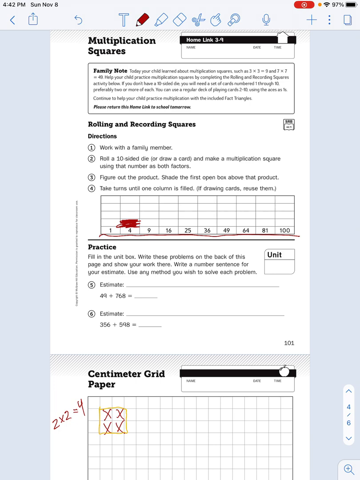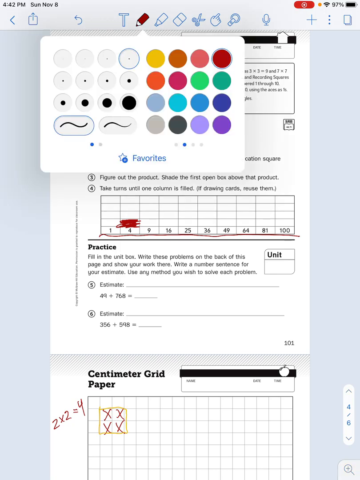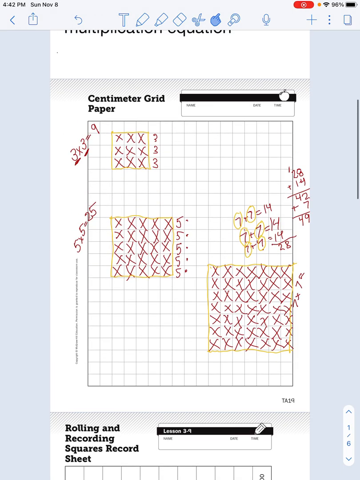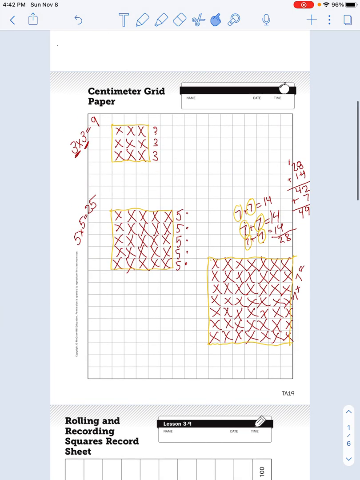So you'll find that one of them you might roll a few times and you're going to fill that one in until one of them gets up to here. Okay, so like up here I did my 3s and I did 5s and 7s.